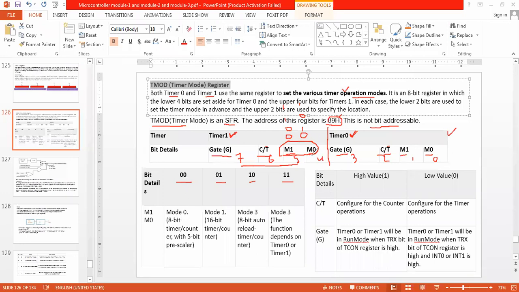Now these two bits, bit 4 and bit 5 in the upper nibble, and bit 0 and bit 1 in the lower nibble, are used to set the different modes of operation. When M1 and M0 are 0, 0, the timer will work in mode 0. When it is 0, 1, the timer will work in mode 1.